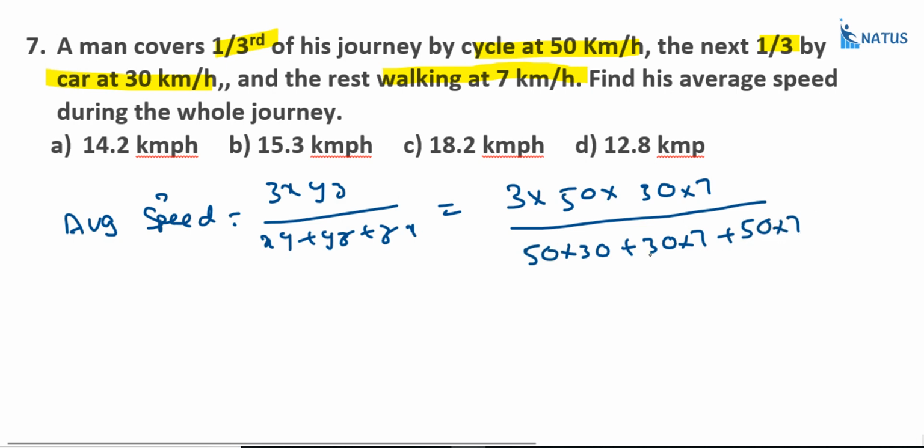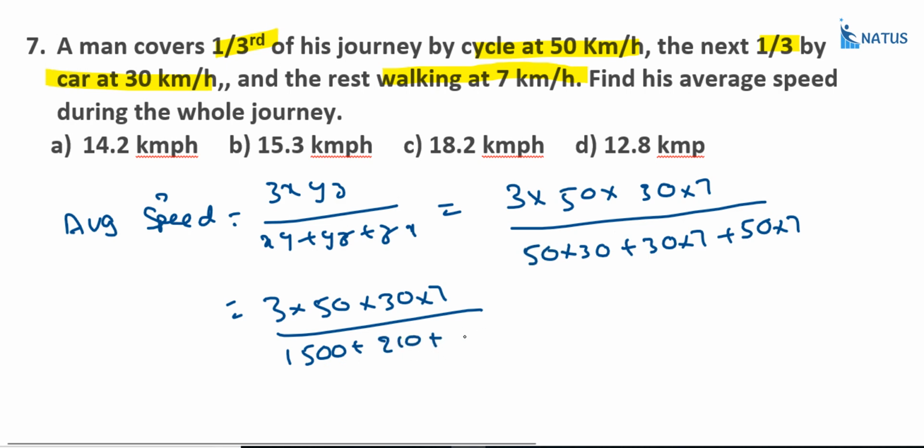So this is equal to 3 into 50 into 30 into 7 by 1500 plus 210 plus 350.